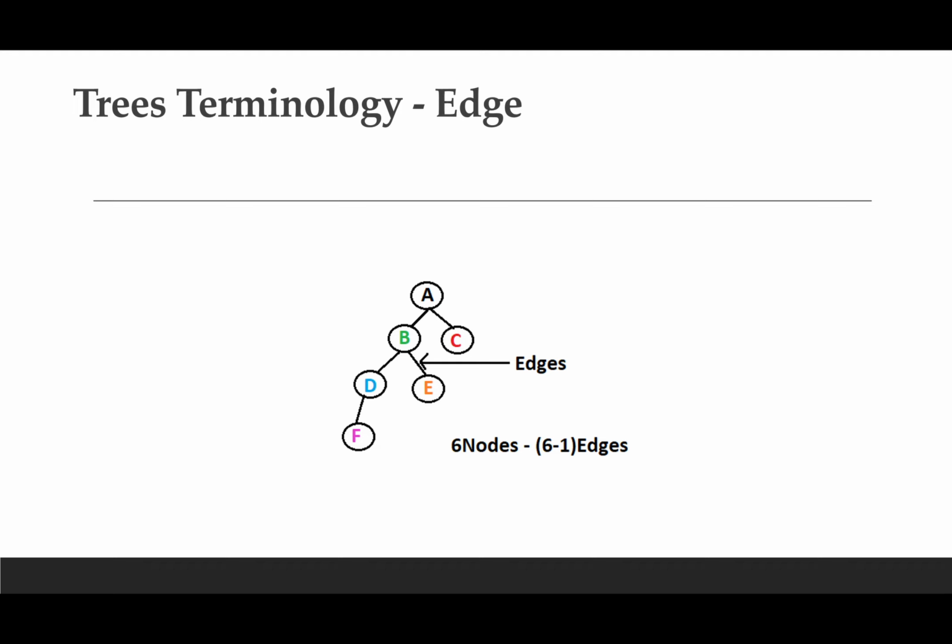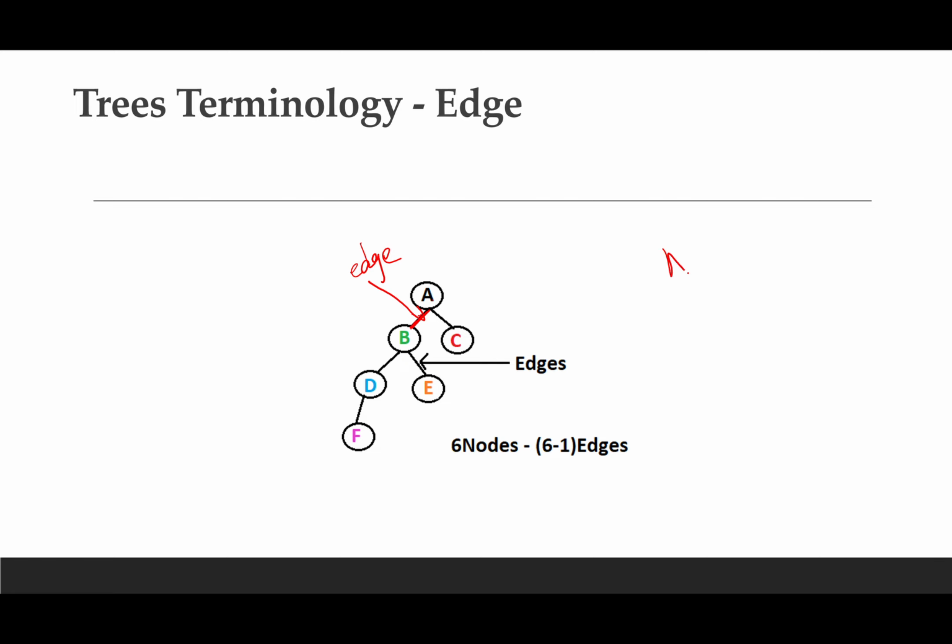The next one is the edge. The nodes connected using a link are called an edge. Here you can see the nodes A and B are connected by this edge, this link.